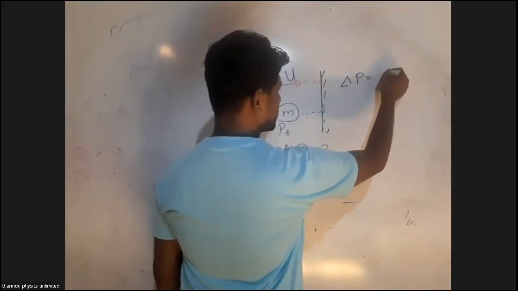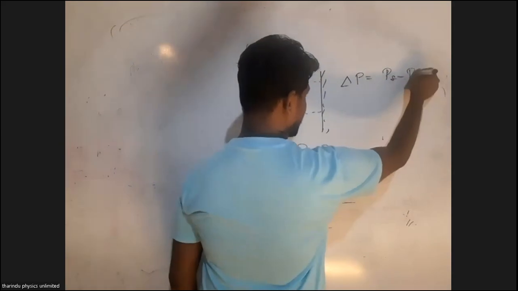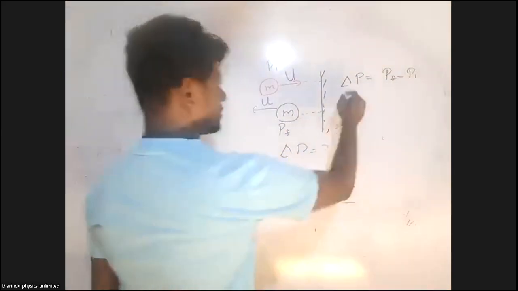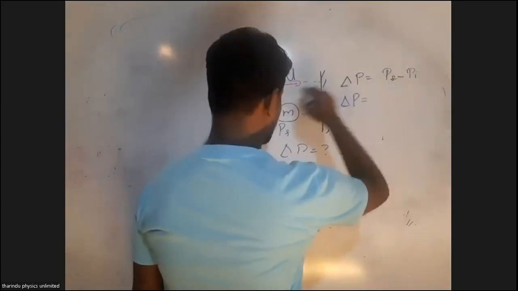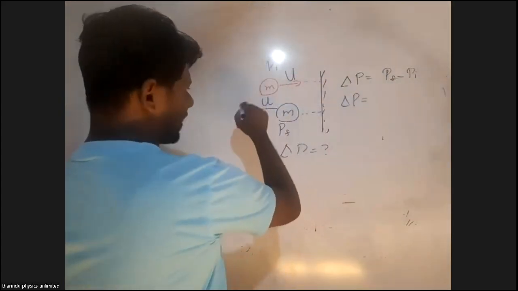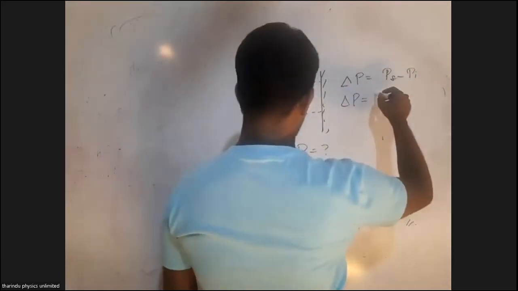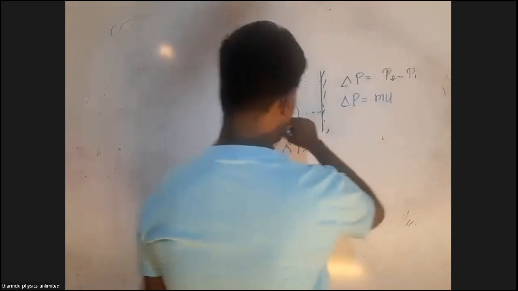Delta P equals Pf minus Pi. Yes, indeed. So let's find out what Pf and Pi are. As usual, I give priority to the final direction. So mu is the final direction.